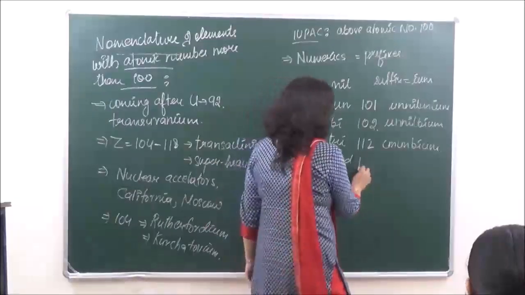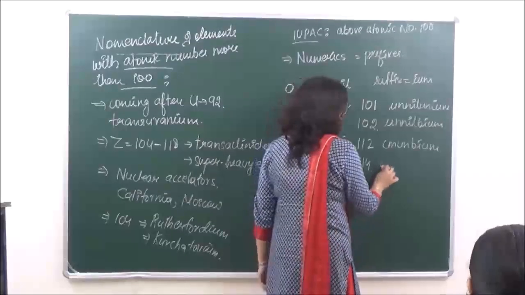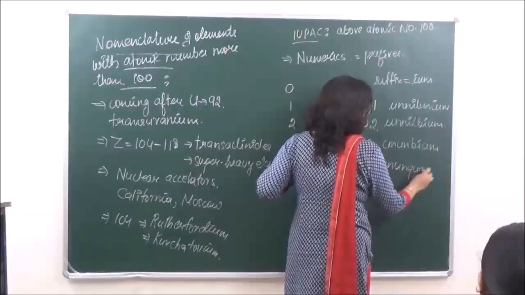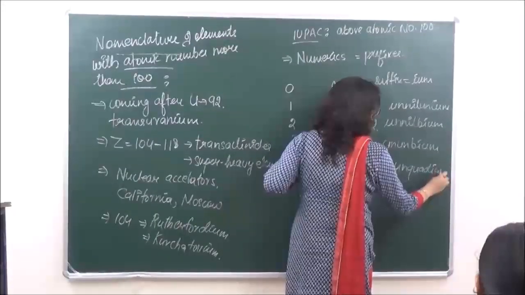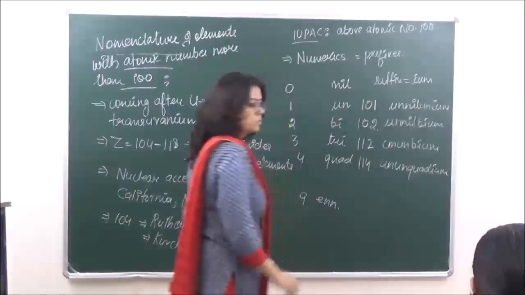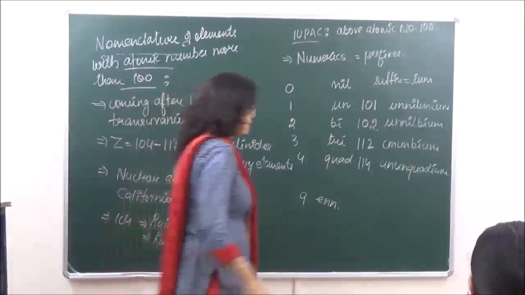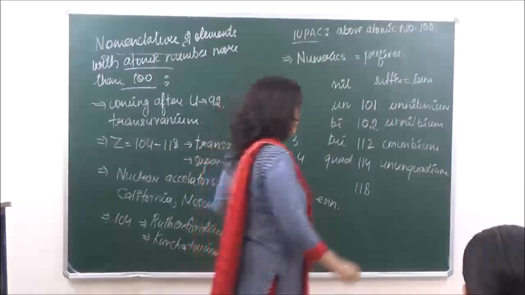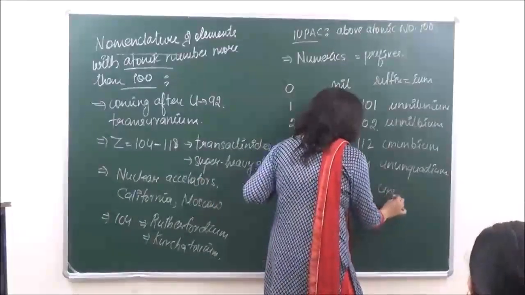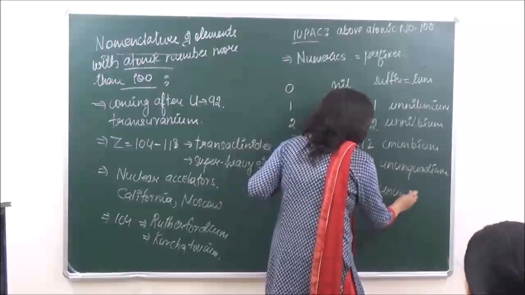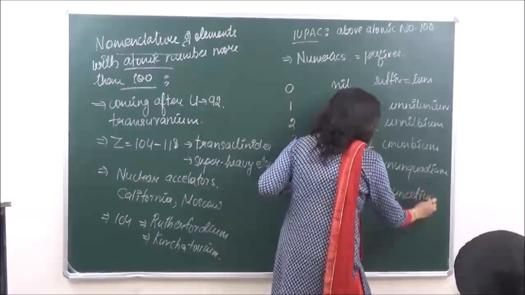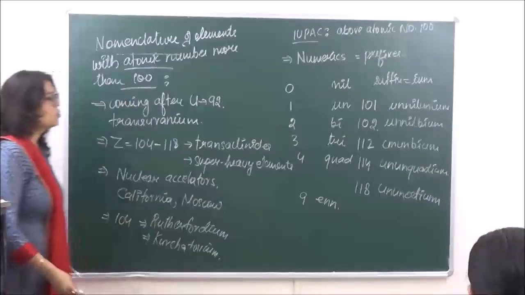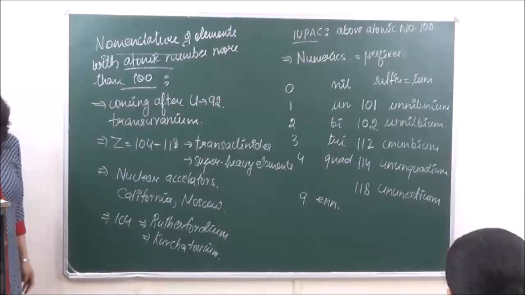And if it is 114, it is going to be quadium, and the last element with atomic number 118 would be known as octium. So this is how the nomenclature was given.